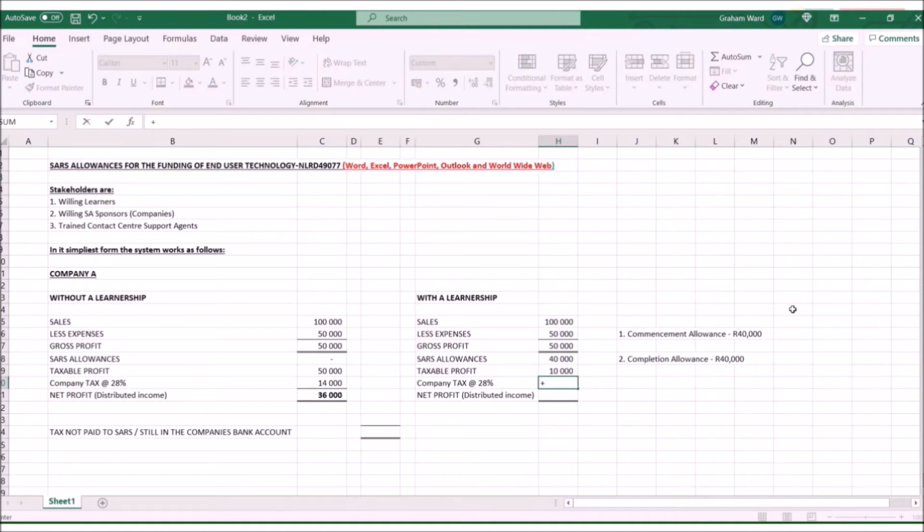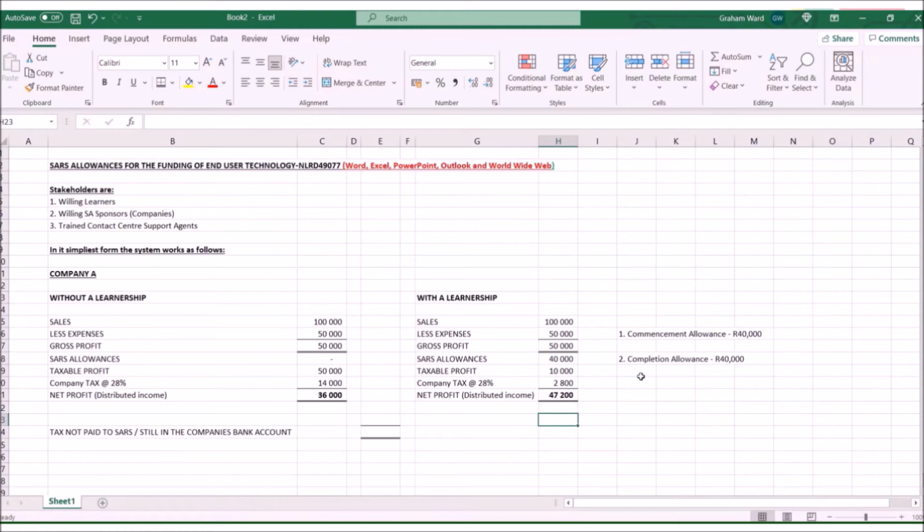At company tax of 28%, it's the 10,000 times 0.28. They'll be paying 2,800 Rand tax as opposed to the original 14,000, as you can see here, and therefore their distributable income would be their gross profit minus the company tax, which is 47,200.